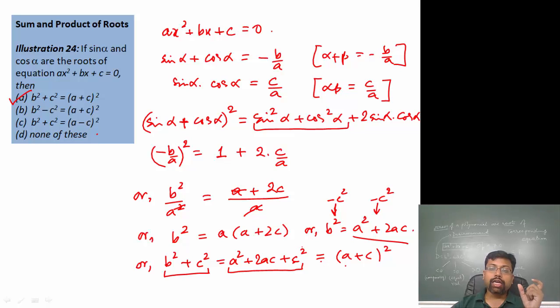There is no identity like a square minus c square plus 2ac. So adding or subtracting c square is not going to help us. So option A is going to be the correct answer in this particular question.